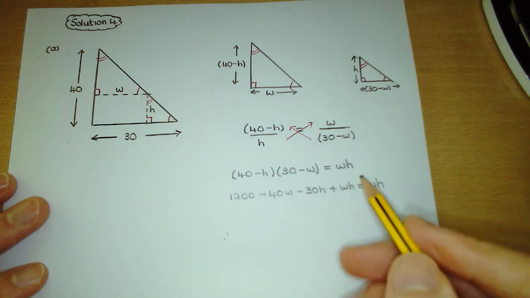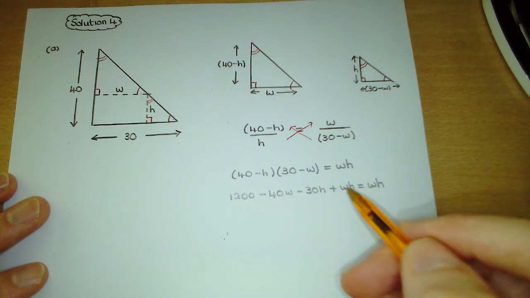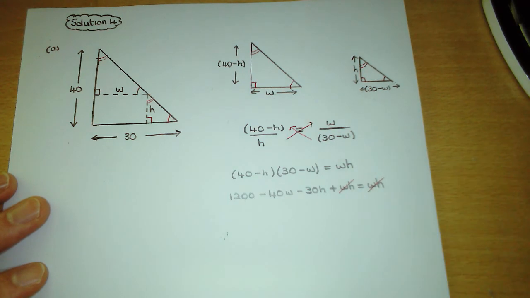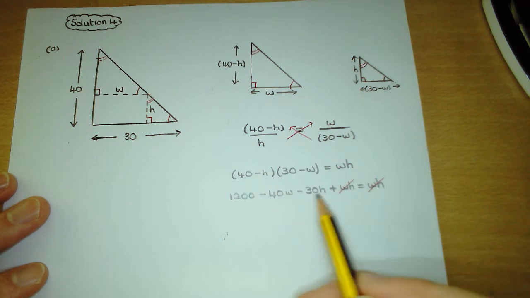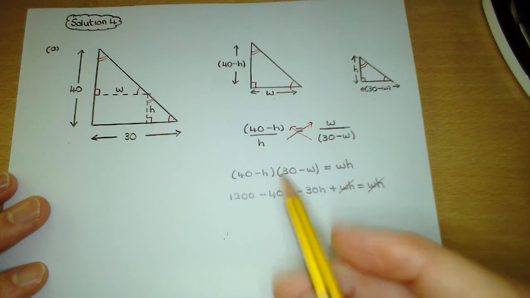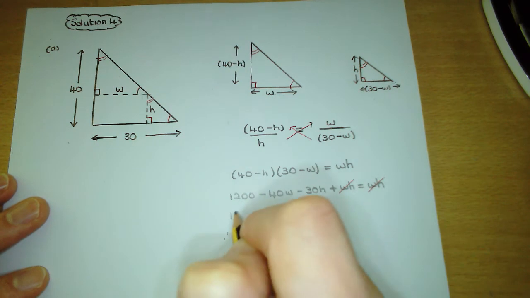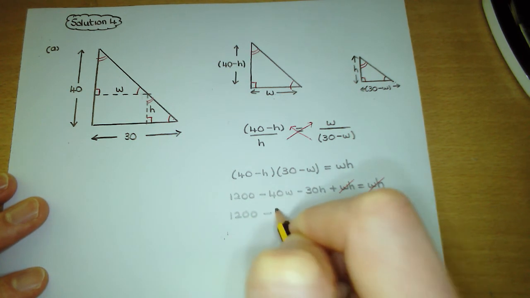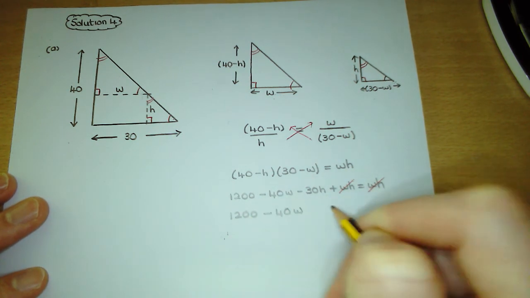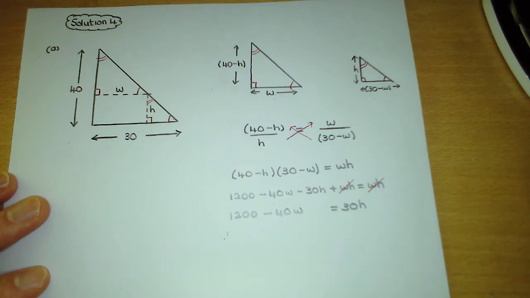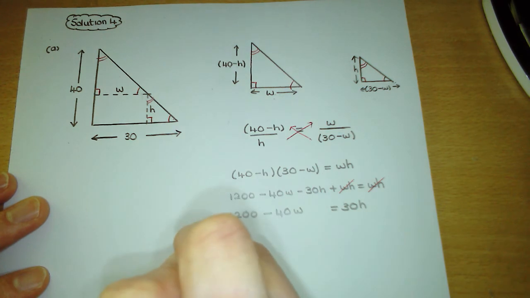So the WH's actually cancel, because if we bring this guy over to the other side, they wipe out. I'm going to bring the minus 40W and the minus 30H. Well, in fact, apologies, we want to make H the subject, so I'm going to bring minus 30H over to this side. So we're going to have 1200 minus 40W, and that's equal to 30H. And then we're going to divide both sides by the coefficient of H, which is 30. So divide through by 30.